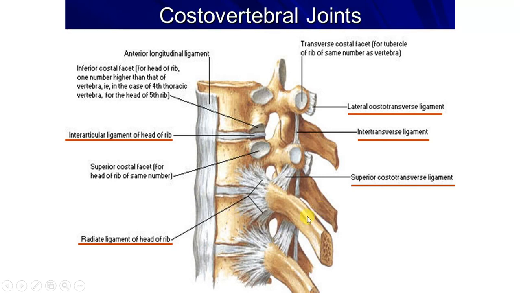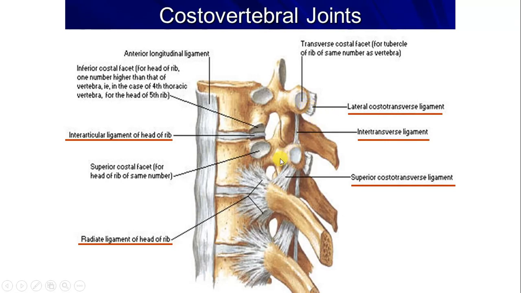If this is the sixth rib, this will be the sixth vertebra, and this will be the fifth vertebra. The fibers run from the neck of the rib to the transverse process above, the cranial one. This is the superior costotransverse ligament, and here is shown the lateral costotransverse ligament.